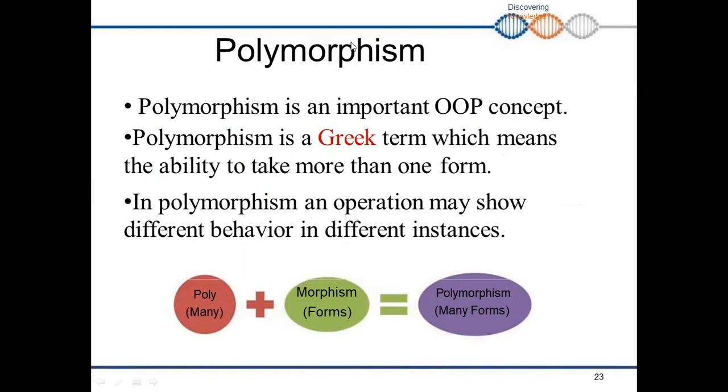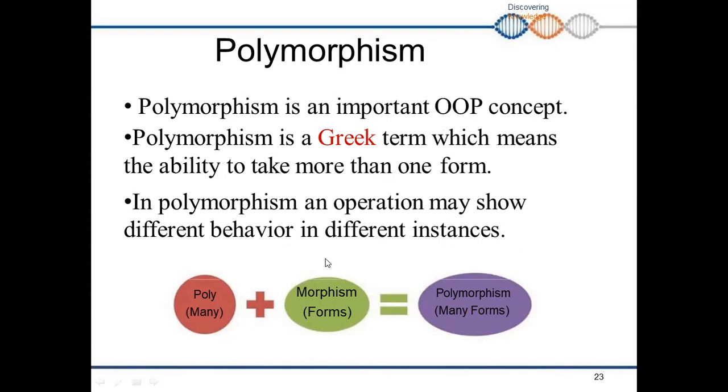So if we have a class and there are a number of objects of that class, then there can be more forms of that. For example, we have a class shape, and object one draws a sphere, object two draws a square. Or object one calculates the area of a square, object two calculates the area of a rectangle.